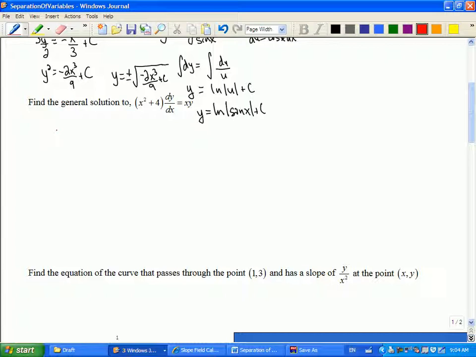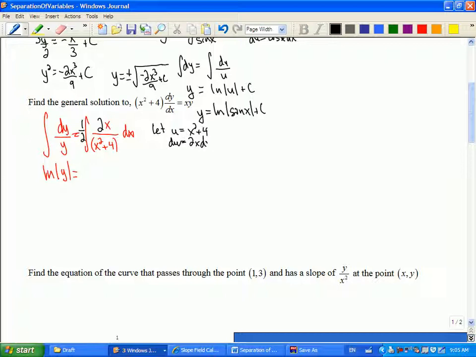For me, when I separate these, I would have the y come over here, and then I would have x over x squared plus 4 dx. So if I integrate both sides, I'll have natural log y is, and this one I can do a substitution. If I put a 2 here and a half there, then du is 2x dx.